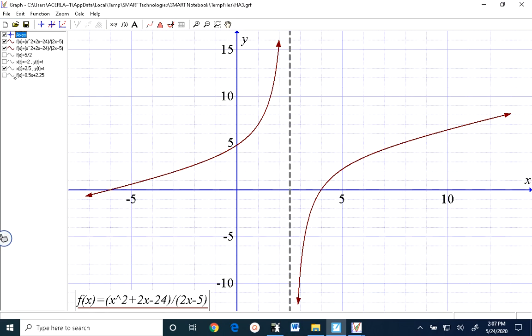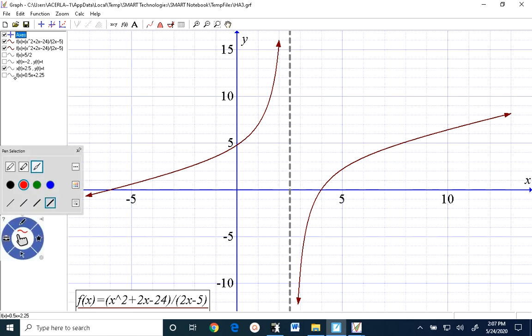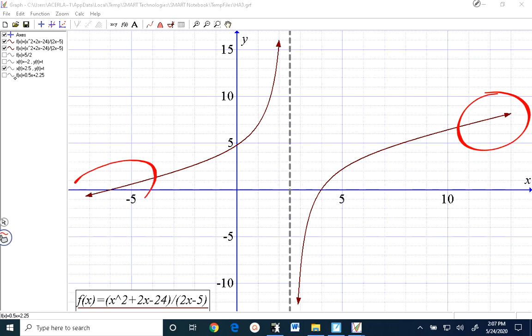There is a picture of the graph, and we want to focus our attention, everybody, on this part of the graph here and on this part of the graph here. Because as x goes further and further in this direction, what happens is y keeps going up. It never settles down.